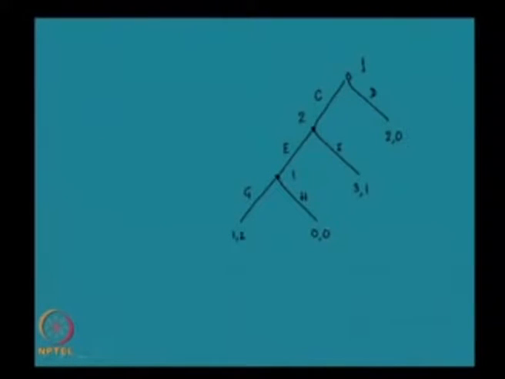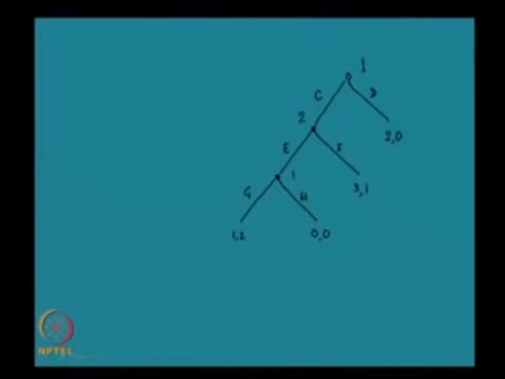So, this is the game tree, as we call it. You can see that here player 1 moves in 2 stages. In the first stage, player 1 gets to move and he can take action C or D. If he takes the action D, the game ends there, where he gets 2 and player 2 gets 0.